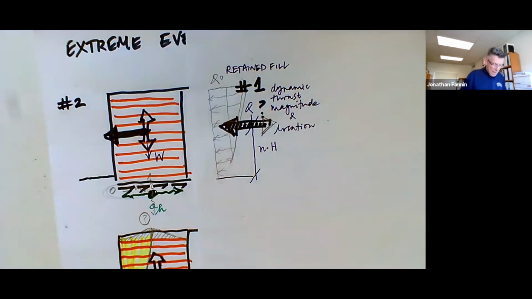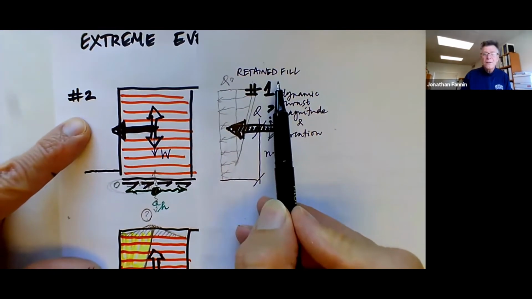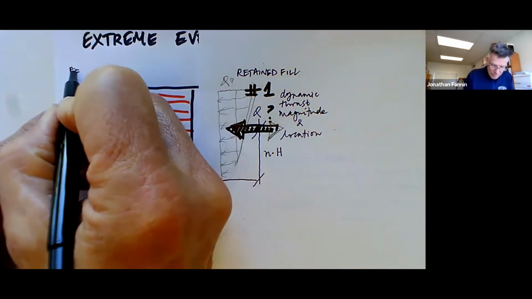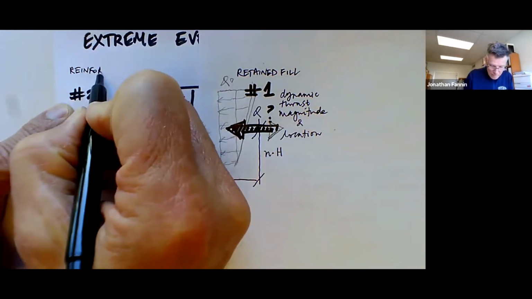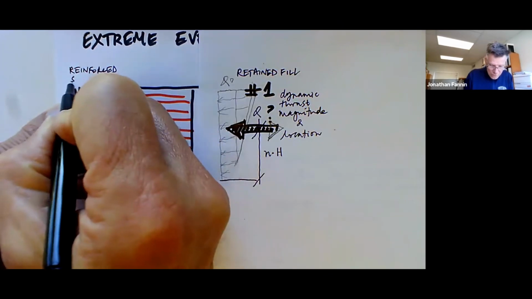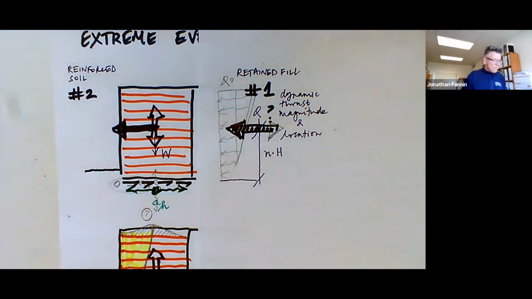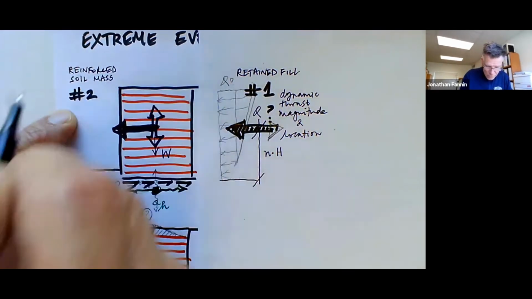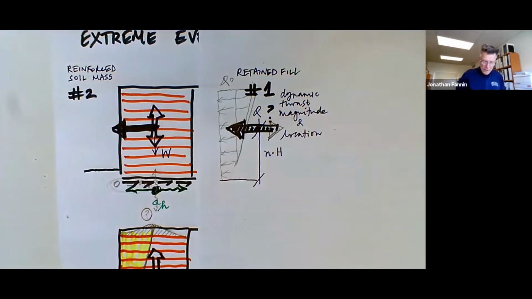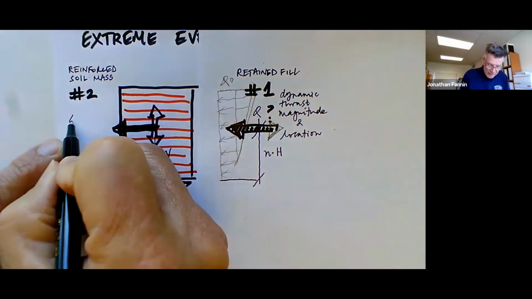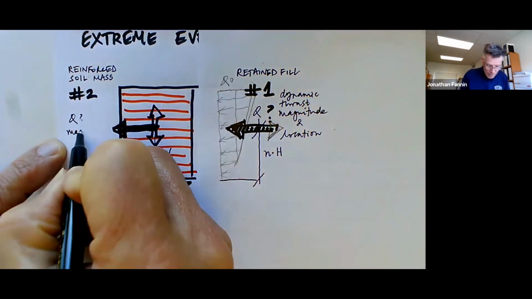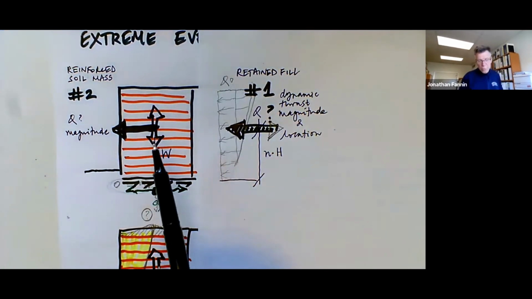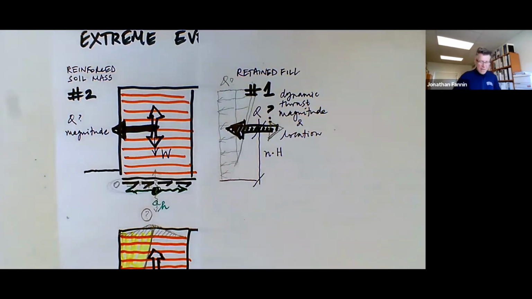And that's coming not from the retained fill, but from the reinforced soil mass, or reinforced soil zone. And we'd like to know the magnitude of that. Its location is not so difficult to discern because we'll put it through the centroid of the mass.